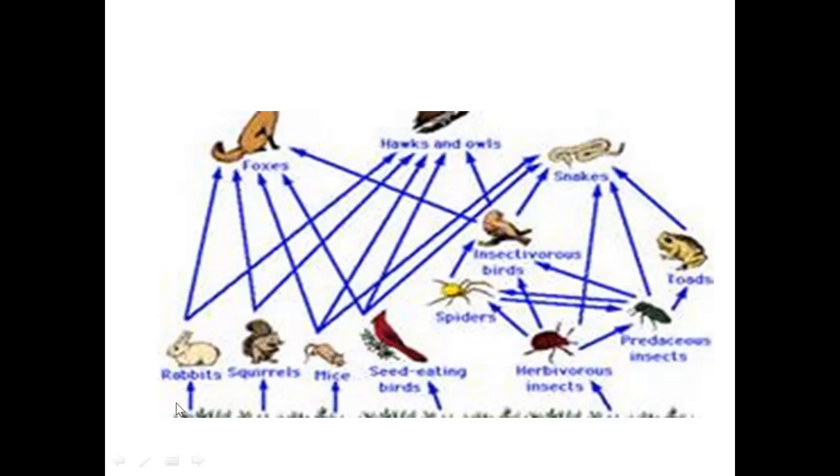You can go from grass to mouse to fox, grass to mouse to snake, just different options. So a food web is an interconnected food chain. It's multiple food chains connected, and it shows the different possible sources of energy for different organisms.